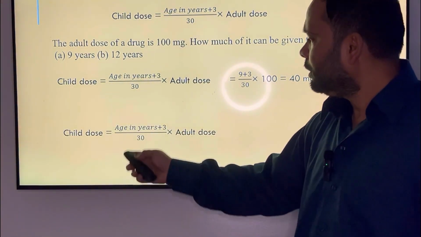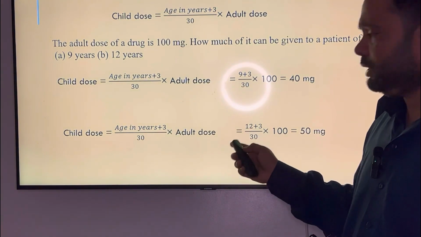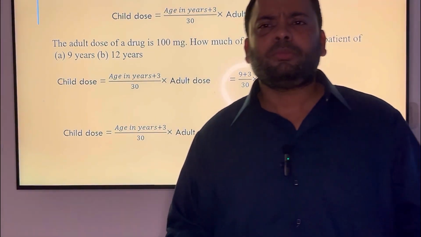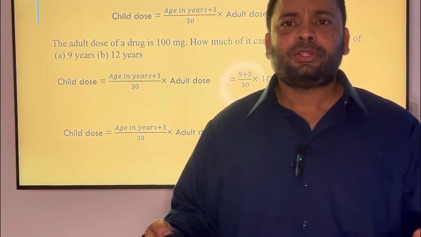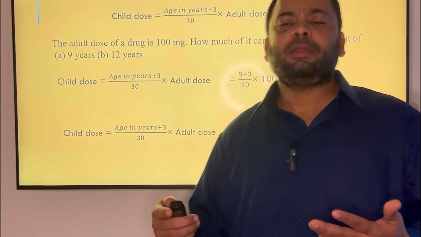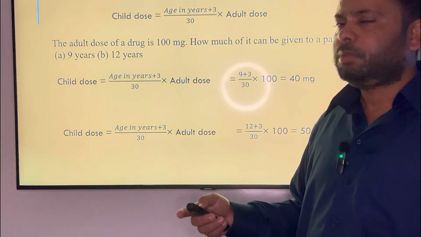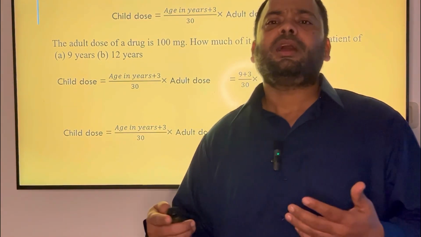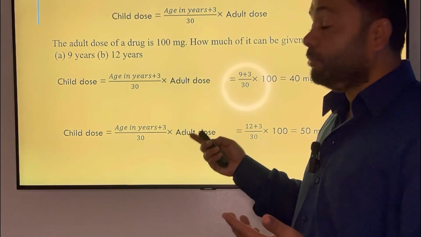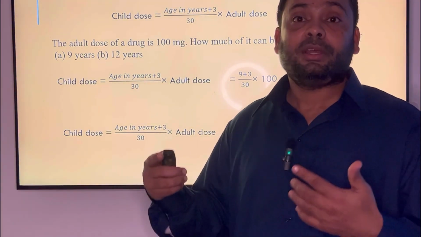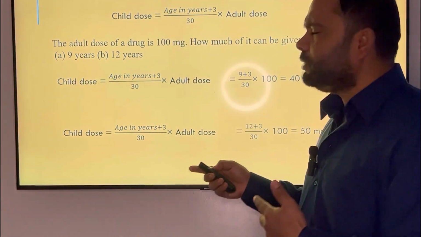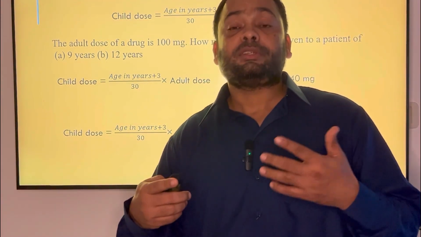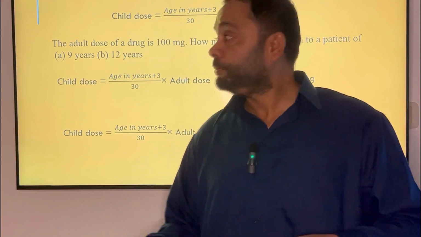For 12 years, I put 12 years plus 3, divided by 30, multiplied by the 100 adult dose, so 50. For all these formulas we need the age, sometimes in years, sometimes in months, and sometimes we take the weight. So you have to memorize the formula, and for this we must have the adult dose. We are always calculating the child dose with the adult dose as a reference.